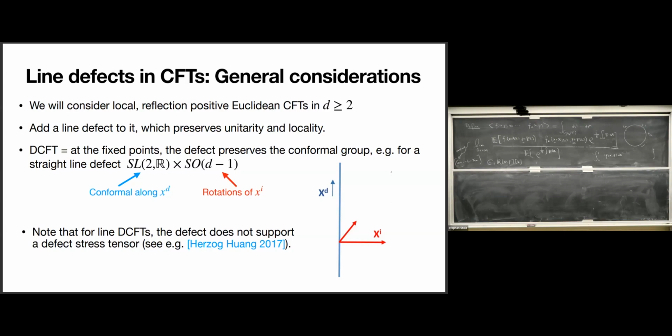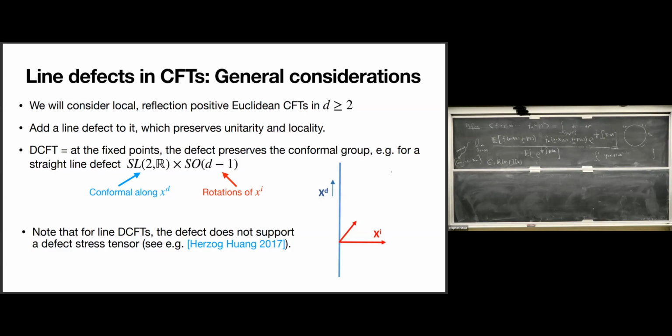When people say a defect conformal field theory, or a DCFT in short, this, by definition, refers to the conformal fixed points. Namely, it refers to the points in which the defect preserves the conformal group on the line.